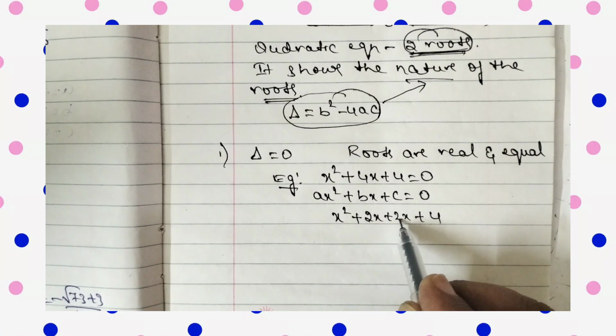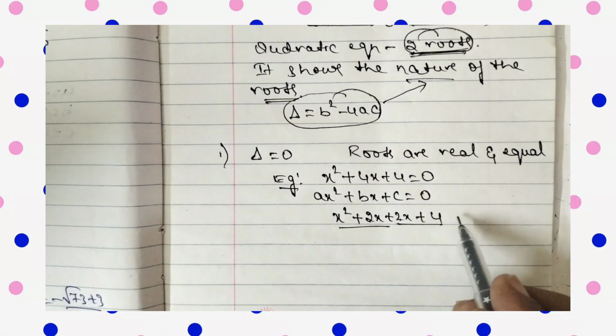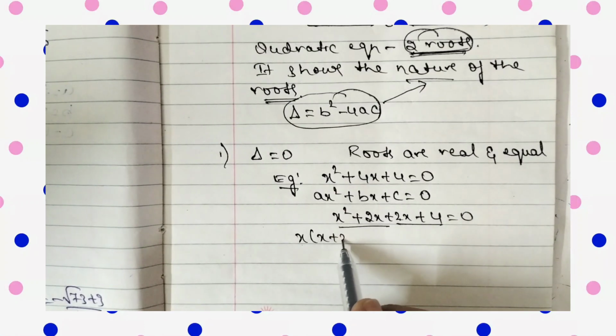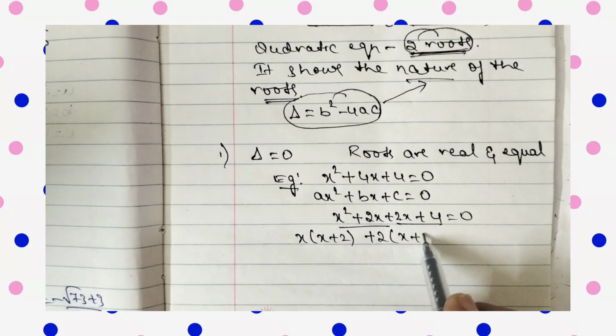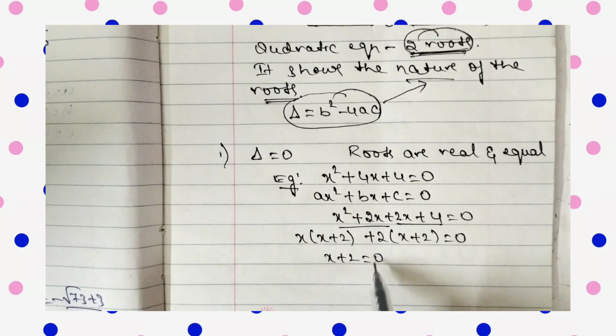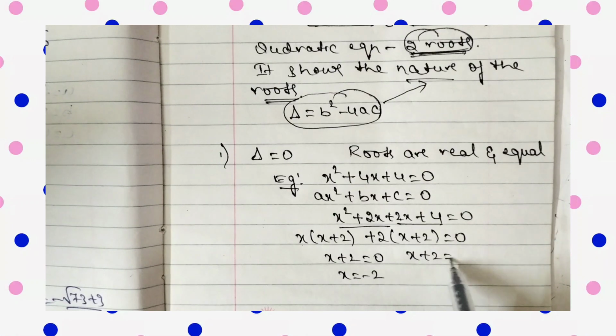So 2x plus 2x is 4x and 2 twos is 4. Make these two one group and these two another group. If I take x common, the remaining is x plus 2, plus 2 common, x plus 2, which is equal to 0. So x plus 2 is equal to 0, x is equal to minus 2, and x plus 2 is equal to 0, x is equal to minus 2.